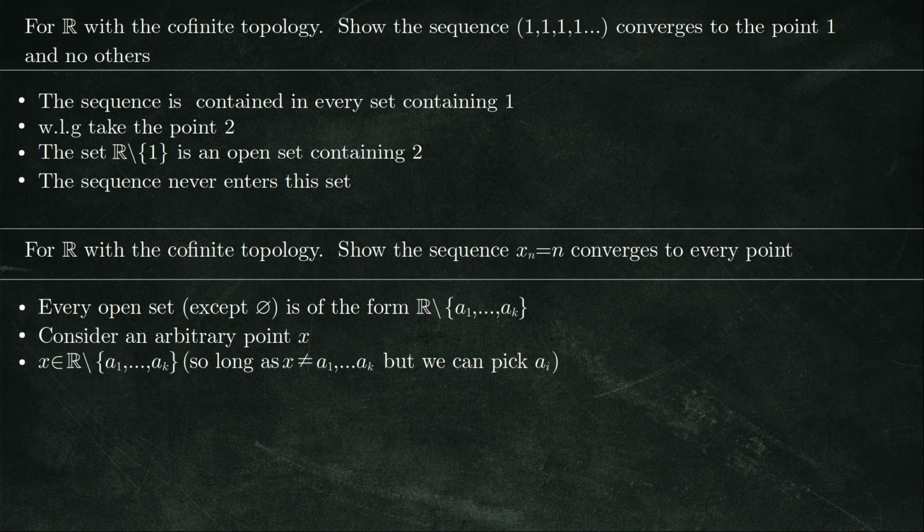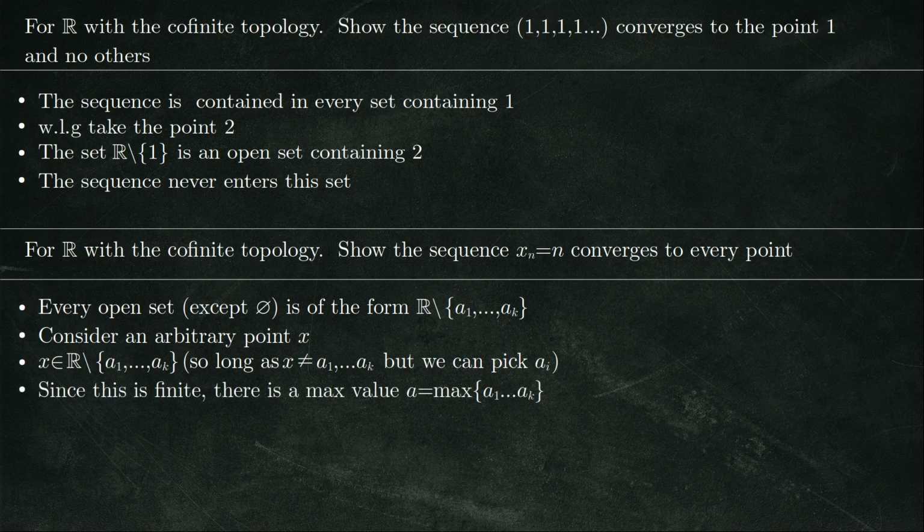We have to be careful that x is not equal to A1 to AK, but for any x, we can find loads and loads of sets of this form. We can pick loads of different Ai, and as long as none of them are x, x will be in that set. So it's not really a strong condition, this in brackets here.